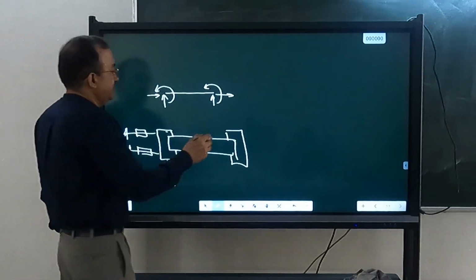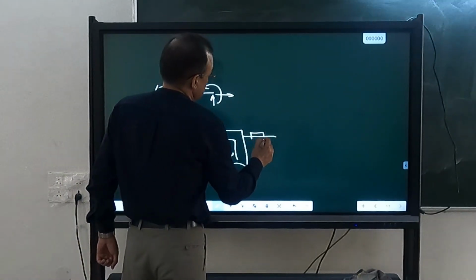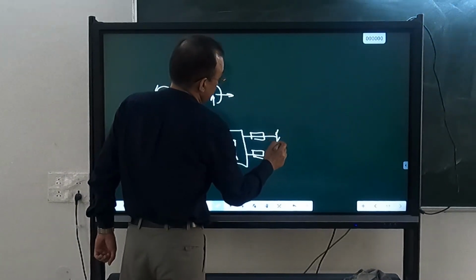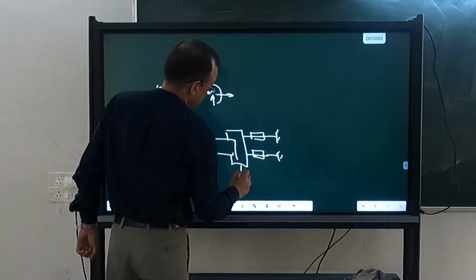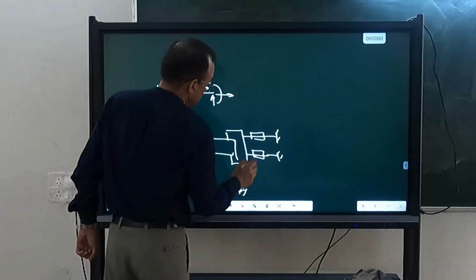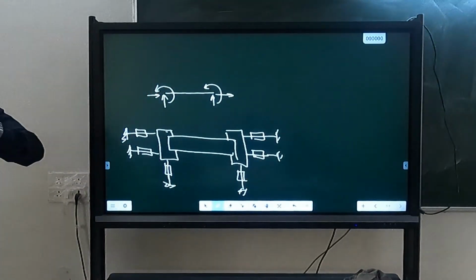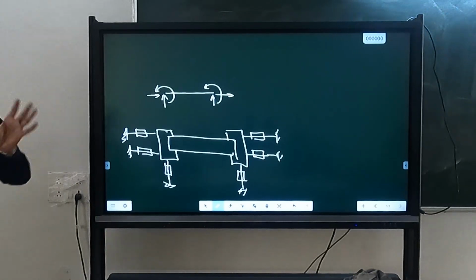Okay. Similarly here, with these 3 actuators, now I can apply axial force, I can apply shear force, and I can apply rotation.